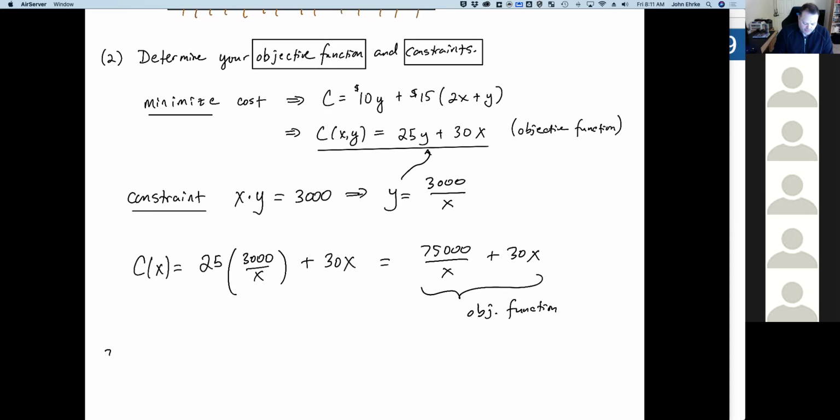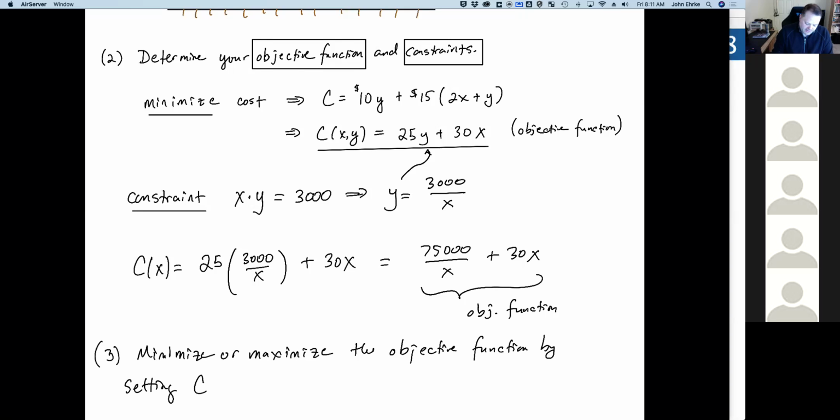Step 3 is minimize or maximize, depending on the problem, the objective function by setting, in this case, C prime of x equal to 0 and finding the critical points.